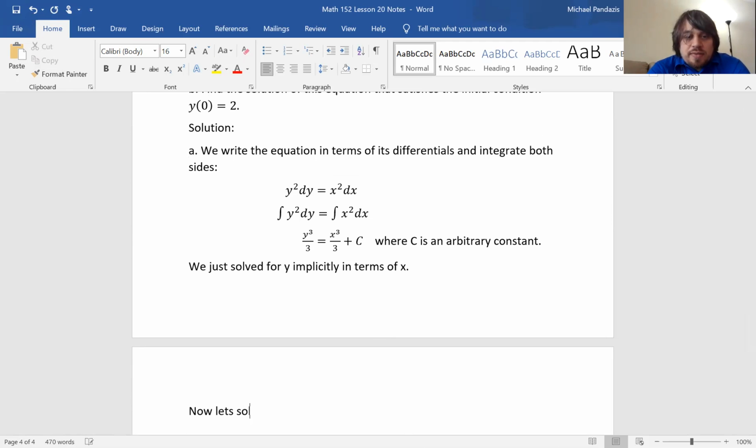Now let's solve for y explicitly in terms of x.